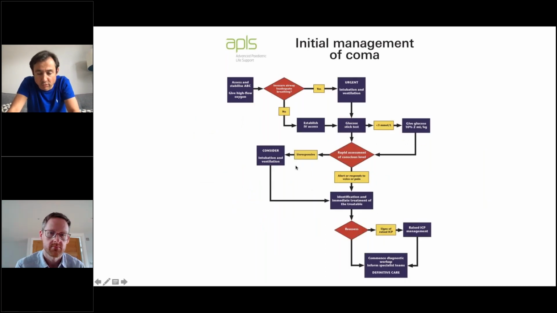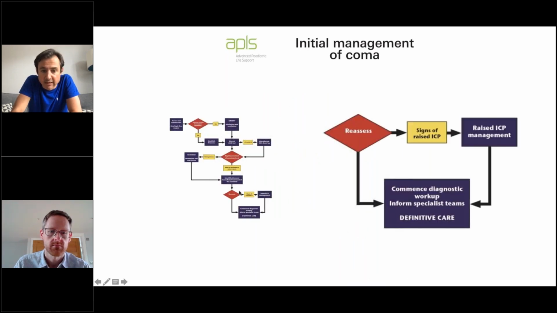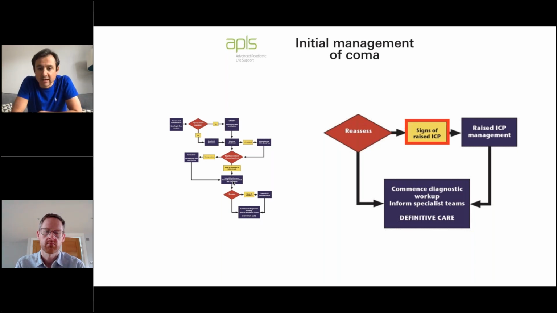You'll be much more familiar with the center part of the algorithm, and really we get involved right down at the bottom when you've made a decision about intubating the child and you're at this reassess phase, and the question really is, does the child have signs of raised ICP? And then you're into your raised ICP management and informing specialist teams.